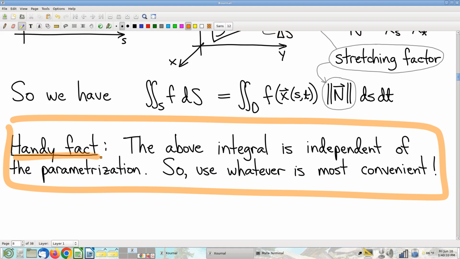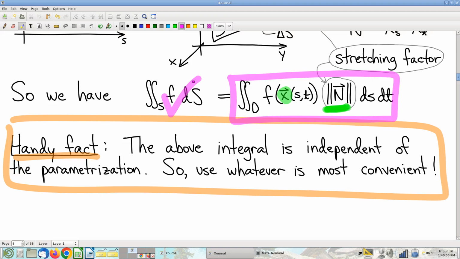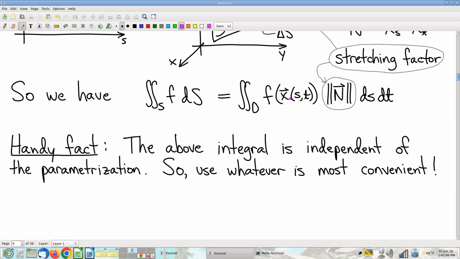But even though the parameterization appears explicitly there and implicitly here, even though the parameterization is part of this expression, the value of that expression will be independent of what parameterization you pick. So if you pick one parameterization, you pick a different parameterization, it doesn't matter, you're going to get the same answer. Parameterize however you like, it doesn't matter. Gotta love it.